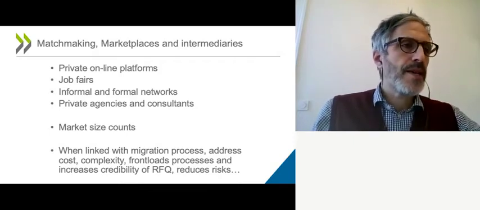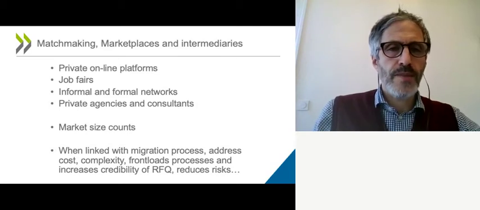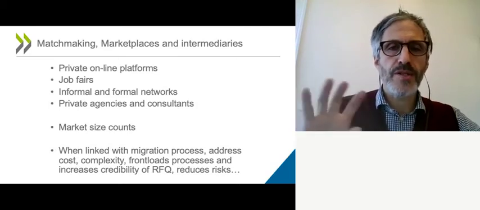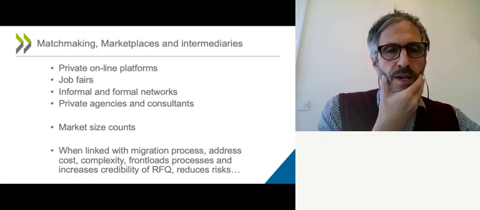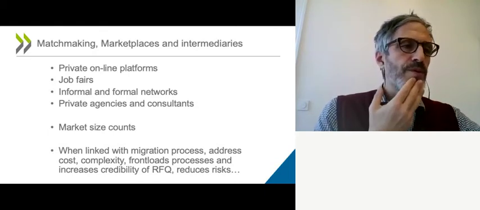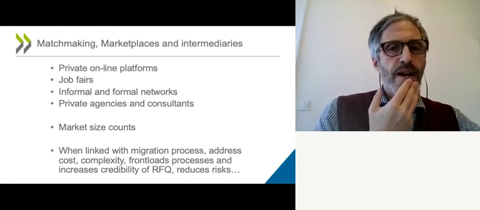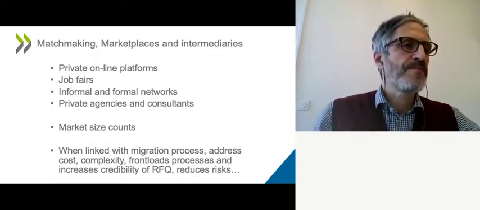So here, I think these are all points that are familiar to this crowd about how matchmaking in marketplaces and intermediaries work. In the work that we've done, we've seen an important role in international recruitment of private online platforms, especially for the higher skilled, Indeed, Glassdoor, Monster, LinkedIn, all of these.